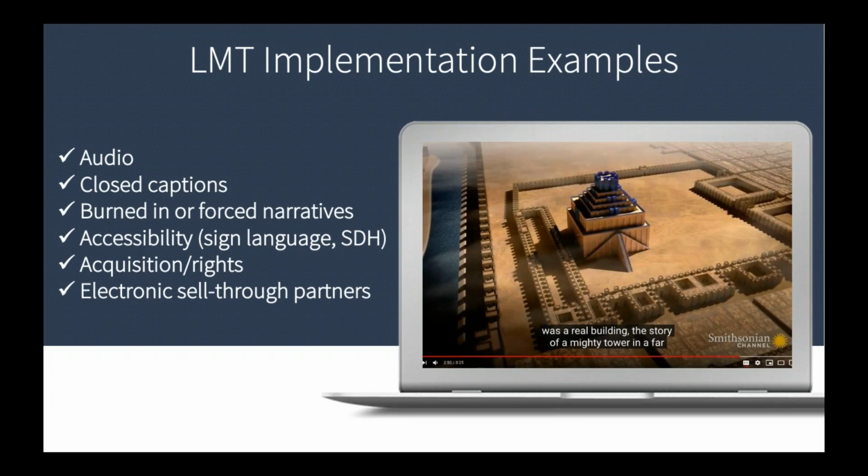So here are some of the different examples. I've mentioned them. We need the audio, what language it's in. Somebody may want to say, well, it's in English, but perhaps it's with a Scottish accent. English as spoken in Scotland or in Great Britain, or English as spoken in Spain, or English as spoken in the US, or generic English.